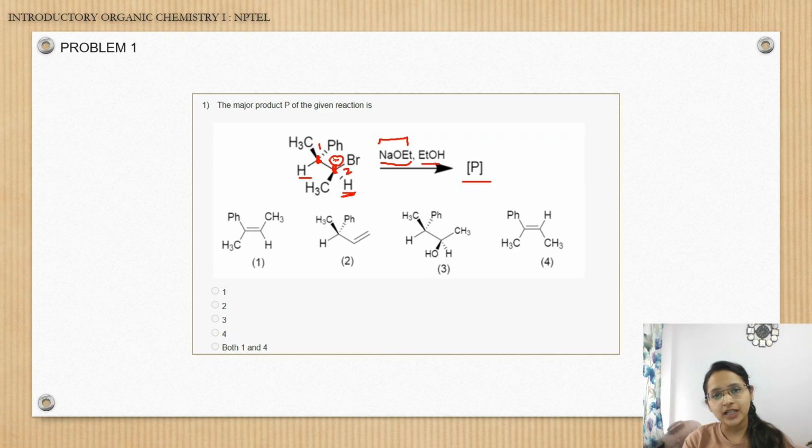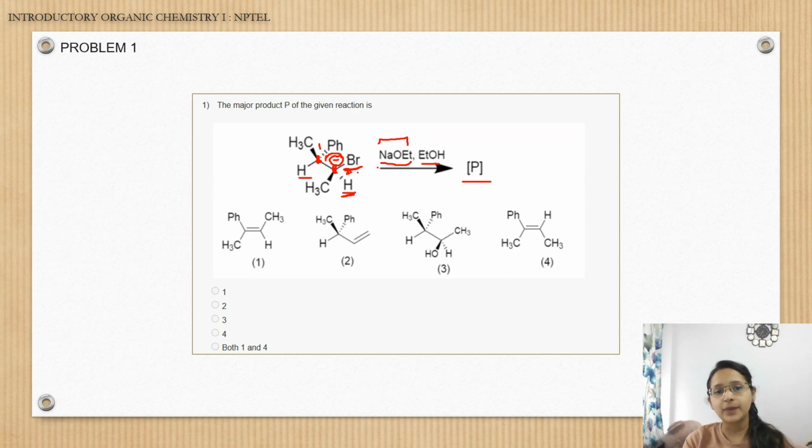What is the fate of the carbanion that is generated at the center? The fate of this carbanion is that it would do elimination. But as you can see, this bromine is attached to the same carbon on which you are going to generate the carbanion. So the leaving group and the carbanion are both present on the same carbon. That is why there is no fate for this carbanion to give you any elimination reaction, and substitution is not possible because of the presence of a very strong base.